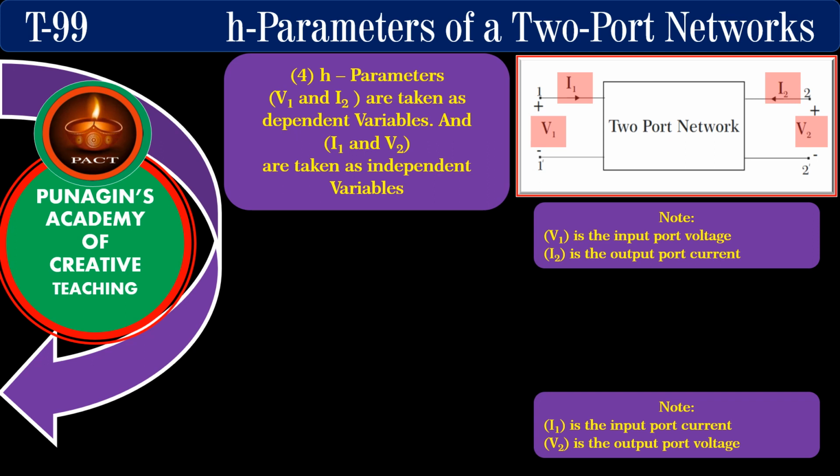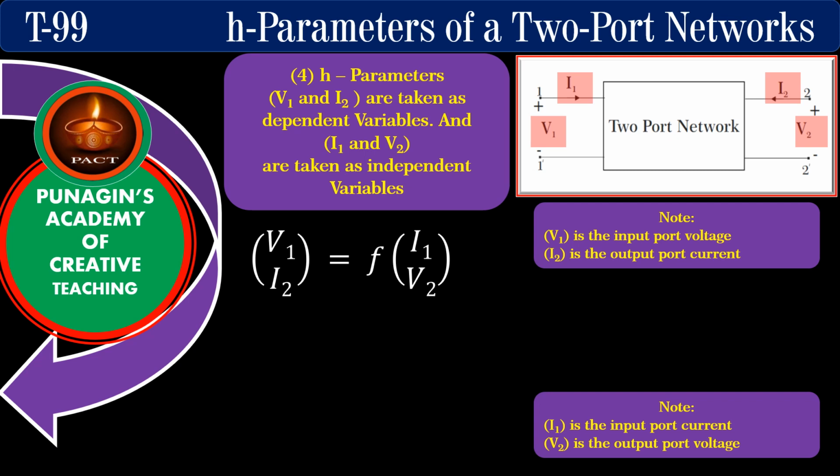and note I1 is the input port current and V2 is the output port voltage. Now, depending on the dependent variables and the independent variables, we see that V1 is a function of both I1 and V2. Similarly, I2 is a function of both I1 and V2.